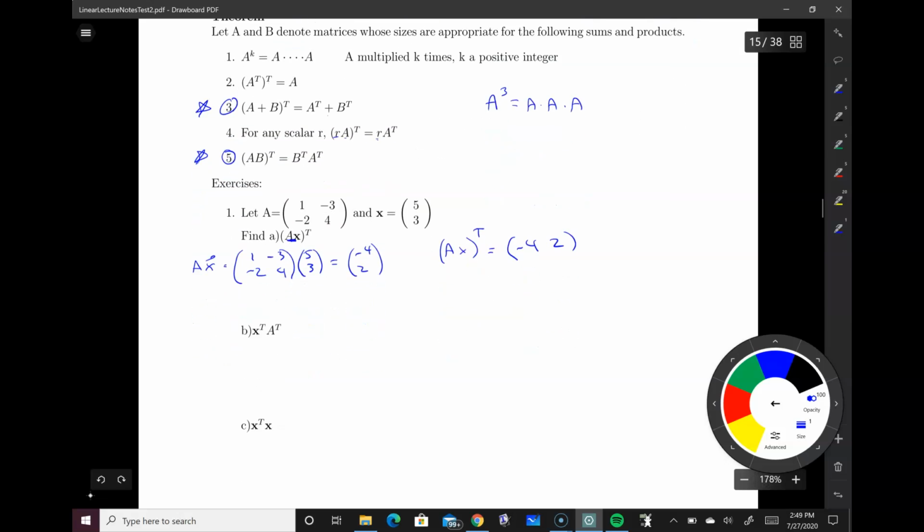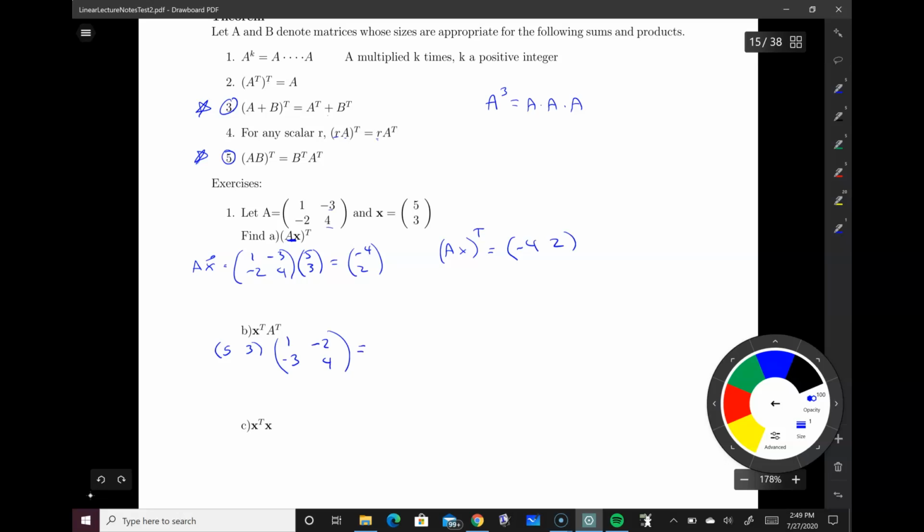All right, let's look and see what this one's saying. So this is saying take X transpose, so here's X, so X transpose would be like this, and multiply it times A transpose. So that means this row becomes the column, and this row becomes the column.